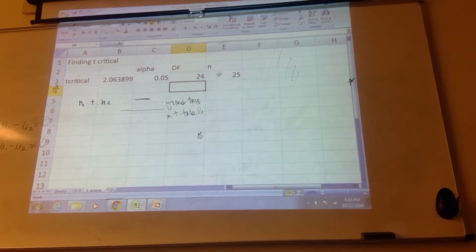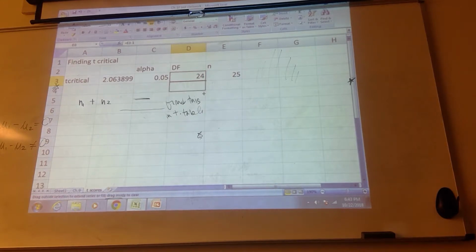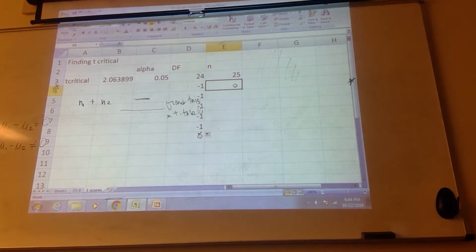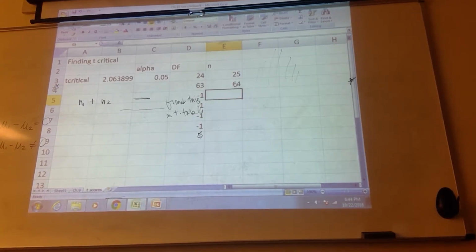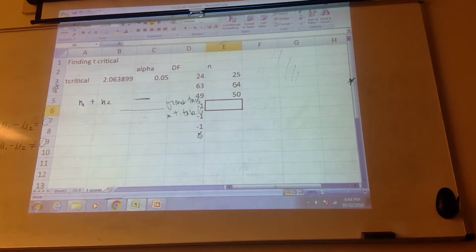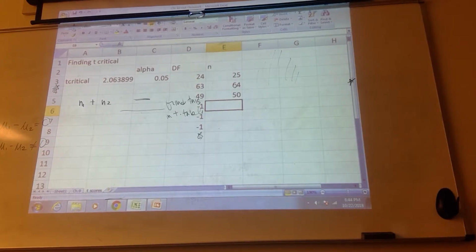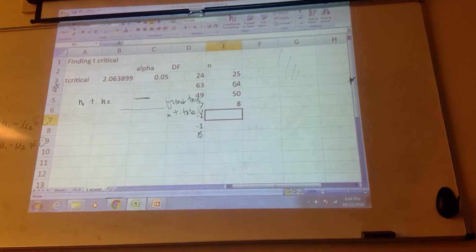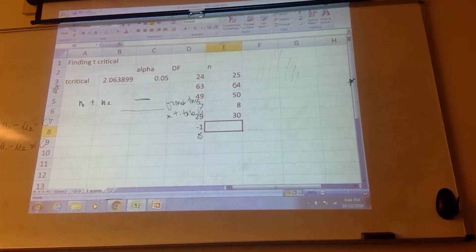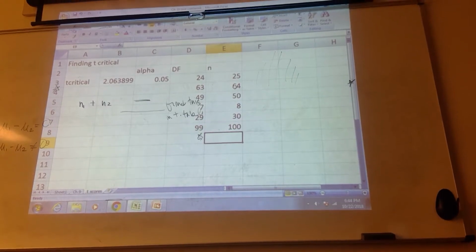And why do I want to do that? Because let's say now that we have some values. Let's say the degrees of freedom is 64. The degrees of freedom is 50. The degrees of freedom is 8, 30, and 100.